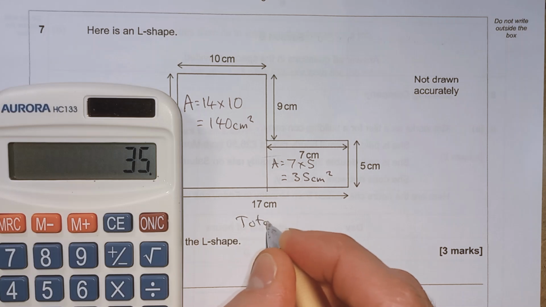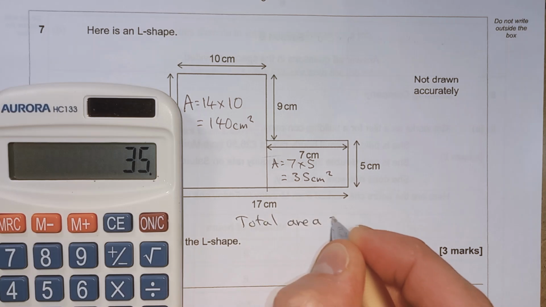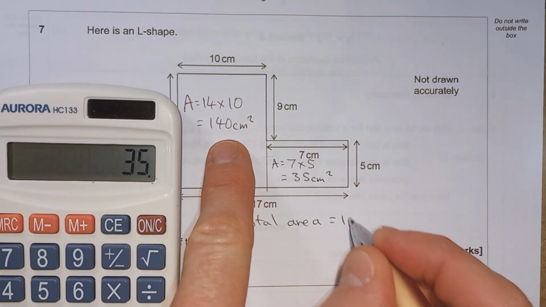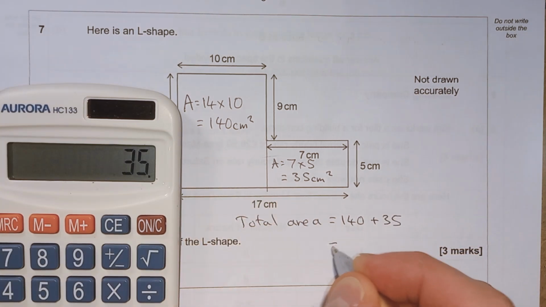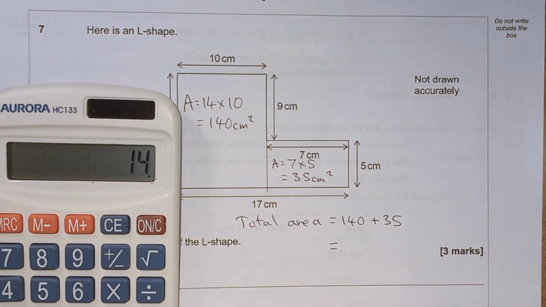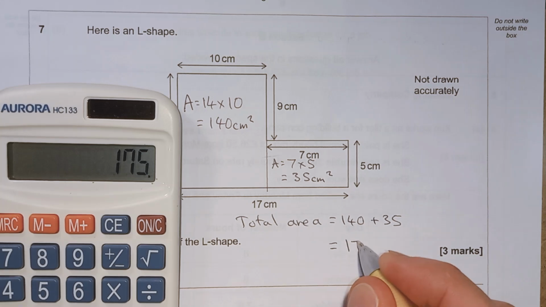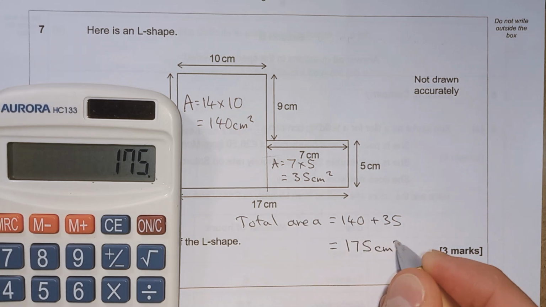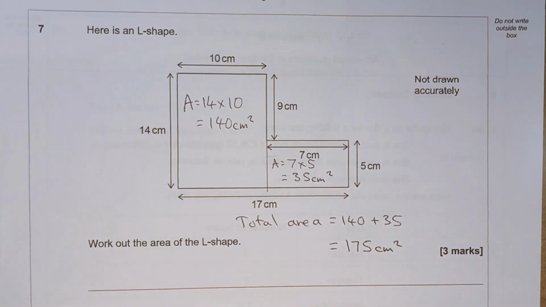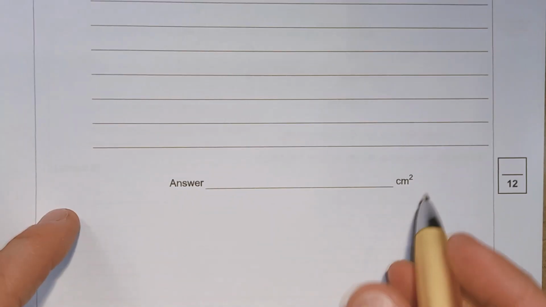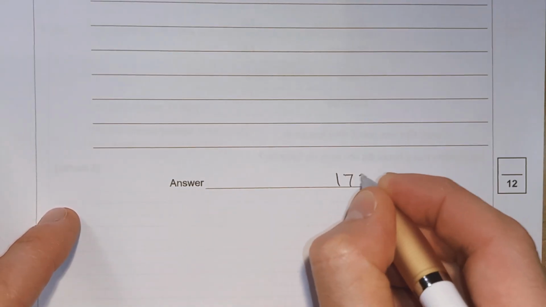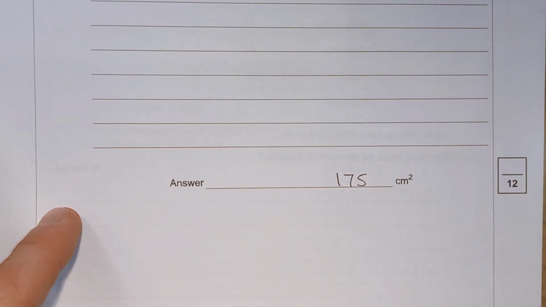So the total area will be 140 centimetres squared plus 35 centimetres squared, which gives us 175 centimetres squared. And we can put that down here. They've already given us the units. If they haven't, make sure you put it on.